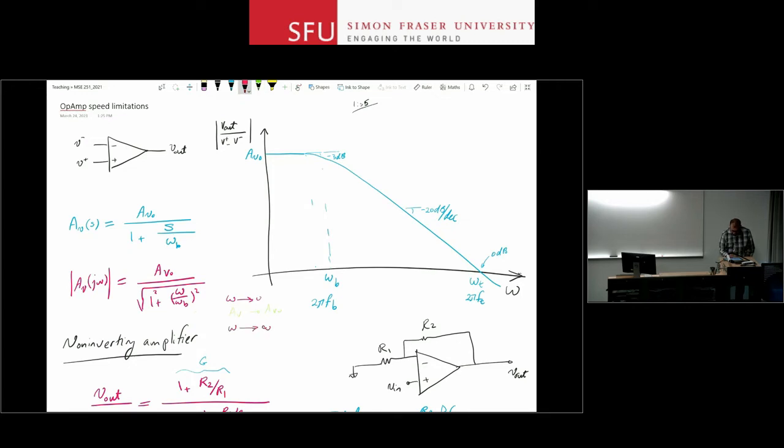The other way of saying it is, if omega is much, much bigger than omega B, then you can ignore the 1 in this expression, and you get AV that is AV naught omega B divided by omega.